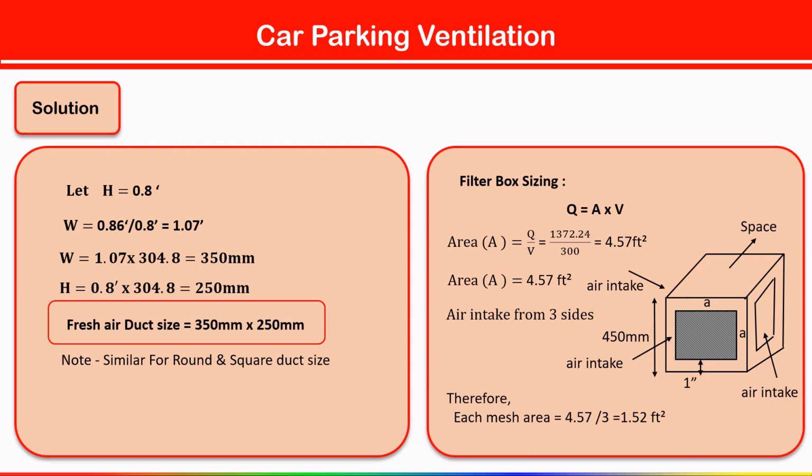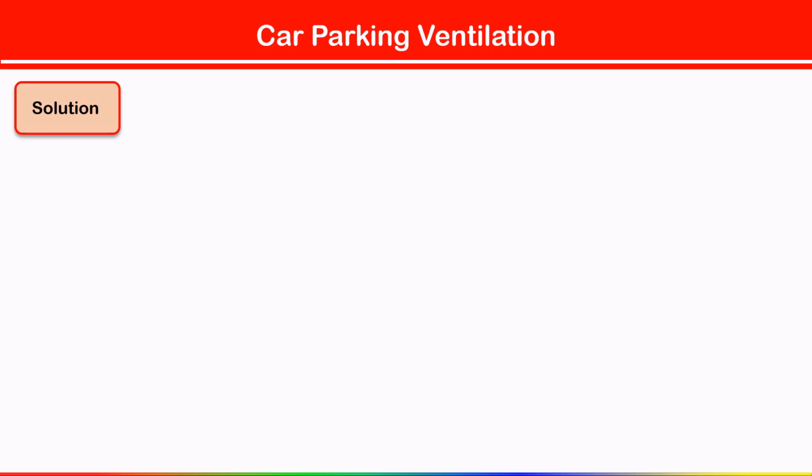And remember, for the mesh or filter which we install in the filter box, how much gap do we have to maintain? 1 inch. It is the standard gap we have to maintain during the placement of the filter into the filter box. Now we have calculated each mesh area as 1.52 square feet.